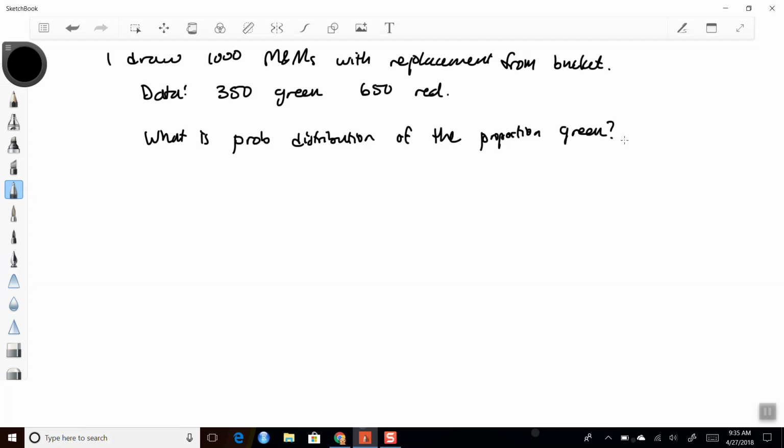And so the band of possibilities for what proportion of green is likely is going to be a lot more narrow because I've seen a lot more data. I've seen 1,000 data points, so now we can eliminate a lot of values. And we might say, I really think the proportion that's green could really only be between like 30 and 40%, okay?